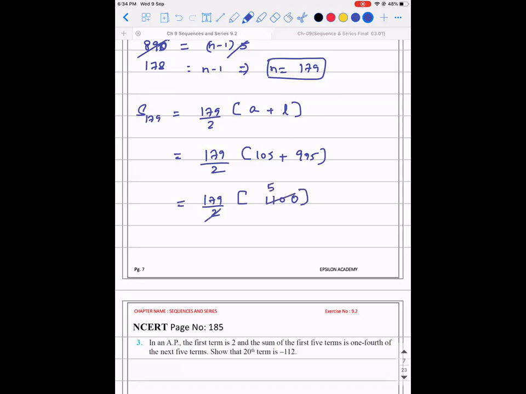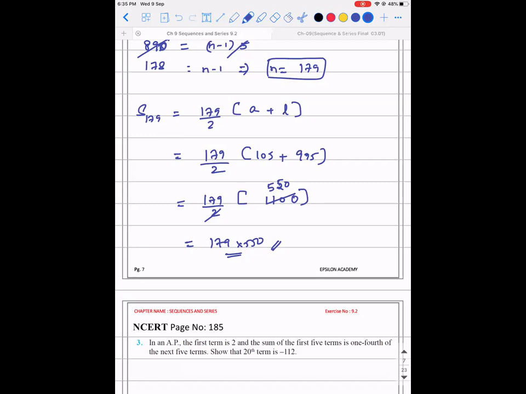So this will go 5, 20, 550 times. So 179 into 550 will be the required answer. You calculate it. That calculation you can do later. Let's not waste time. Shall I move on to the next one?